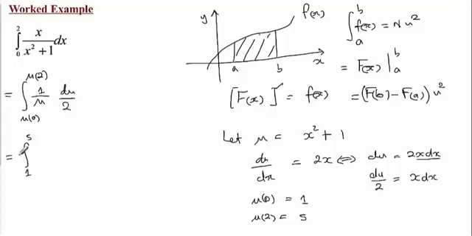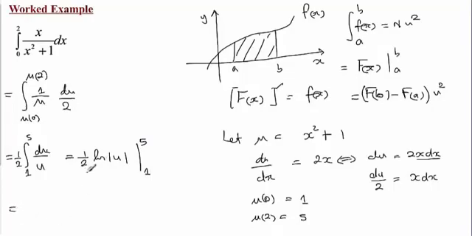We can now take out this half since it's a constant, and on the integral side we've got du over u, which is a very familiar integral we've seen before. It is the derivative of the ln type of function. So this equals half ln of u evaluated from 1 to 5.